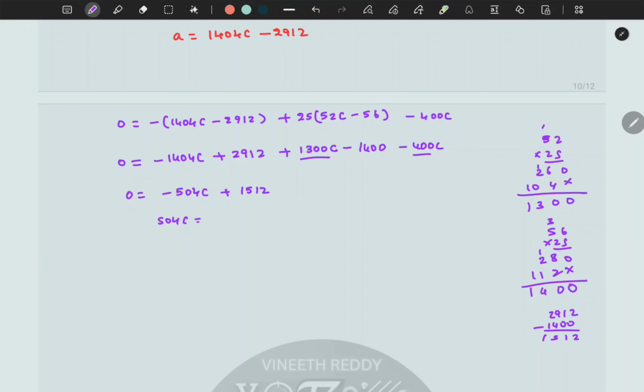So we get 504c is equal to 1512. Is it 3 times? 504 multiplied by 3 is 1512. Perfect. So that means the value of c is 3, dear students. Finally, we got c as 3.